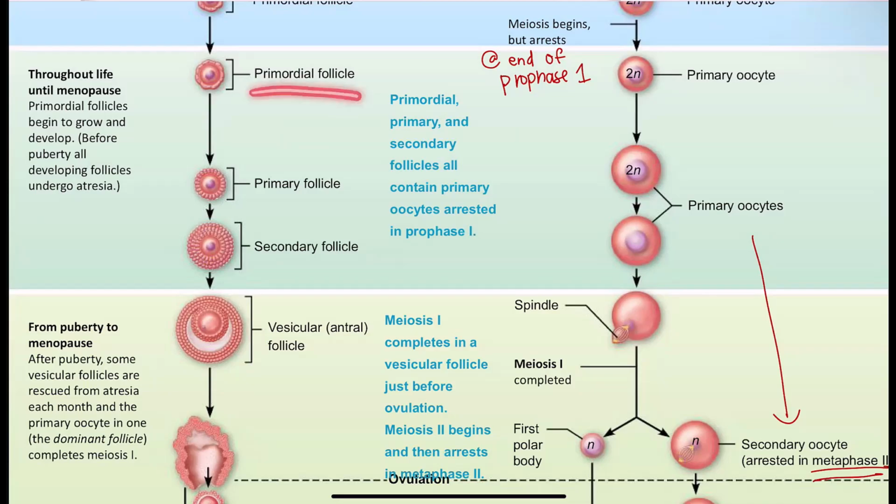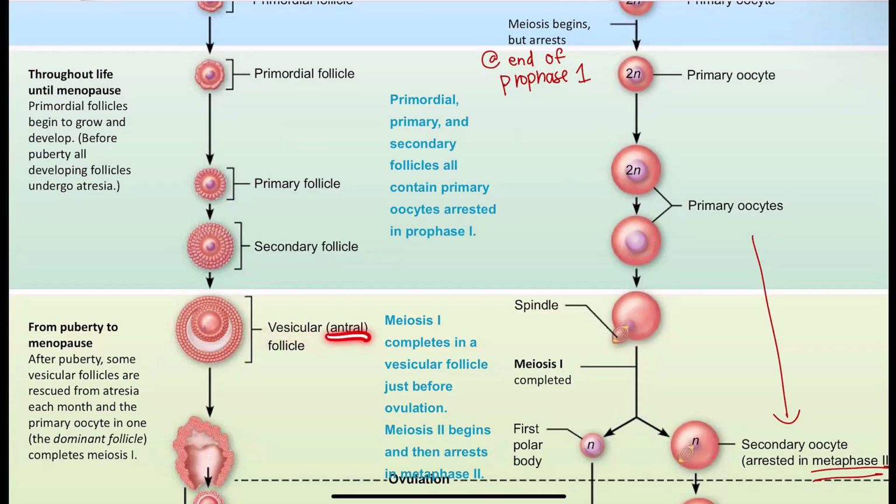So the primordial follicle, that word primordial means primitive, because it's really early in development, right? So primordial follicles will then develop along with the primary oocyte into a primary follicle. And a primary follicle will become a secondary follicle. And a secondary follicle will start adding more and more layers of cells around this primary oocyte. And then secondary follicles will become vesicular or antral follicles.